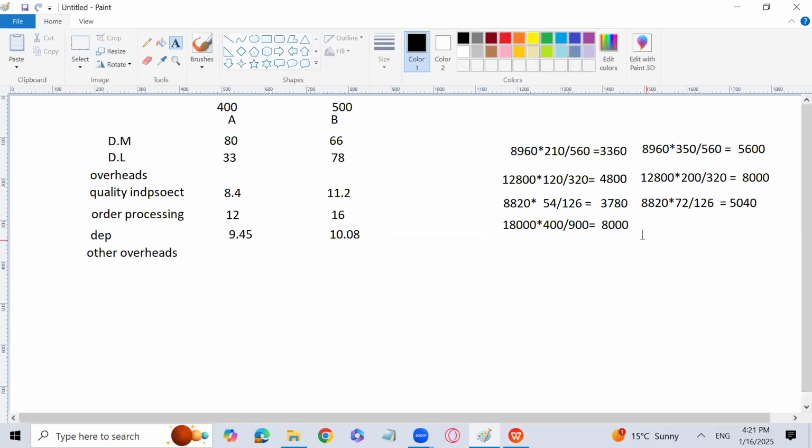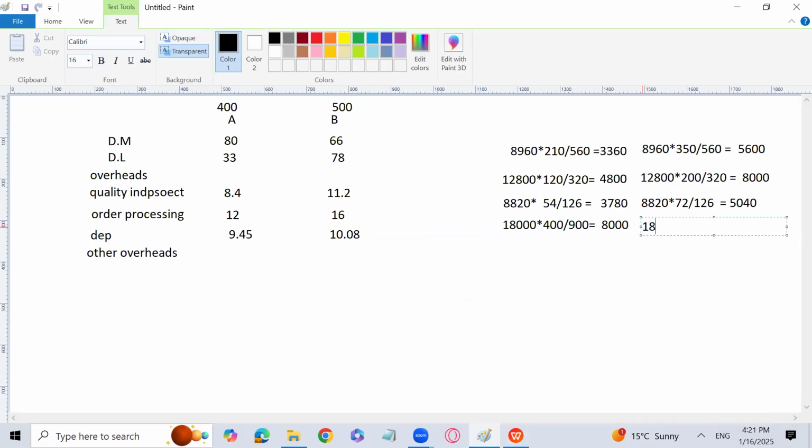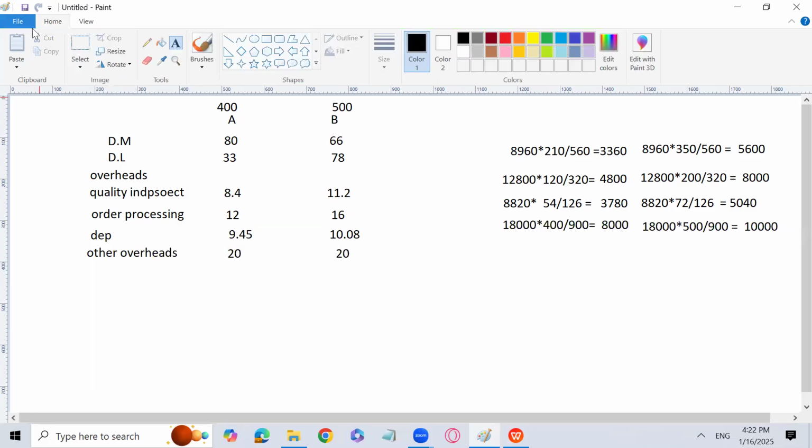And then 18,000 multiplied by 5 over 9, or 500 divided by 900. 10,000. So 8,000 divided by 400 is going to be 20. And 10,000 divided by 500 is going to be 20. So this is how we are done with the overhead cost.